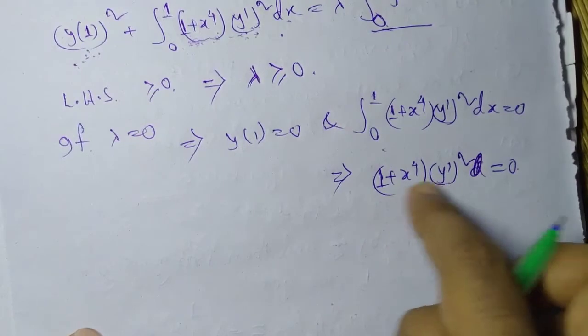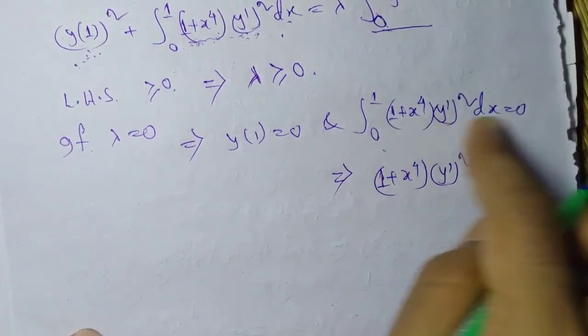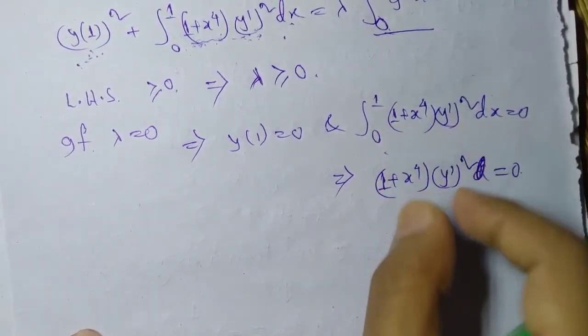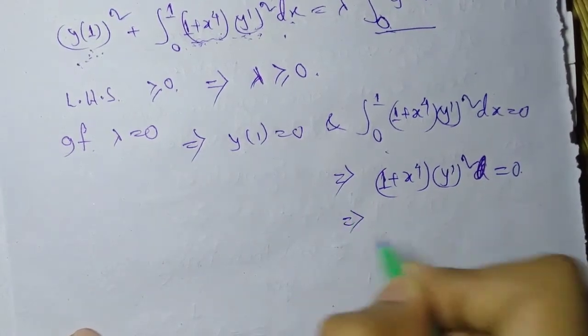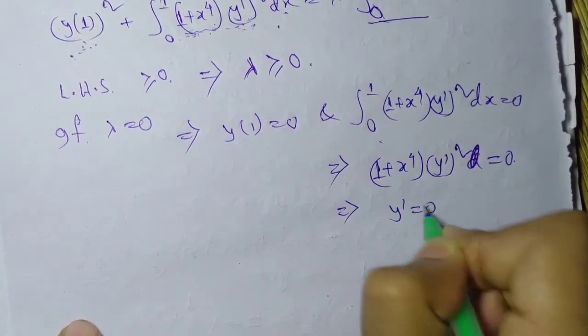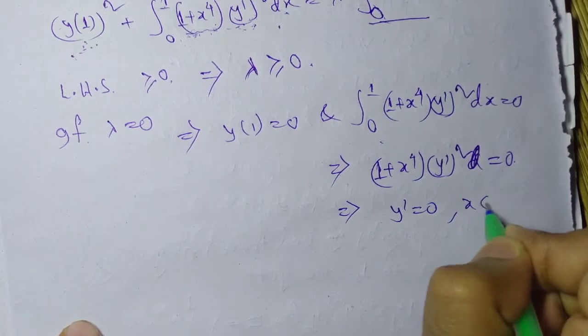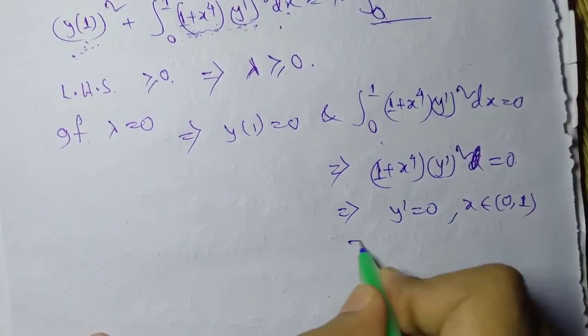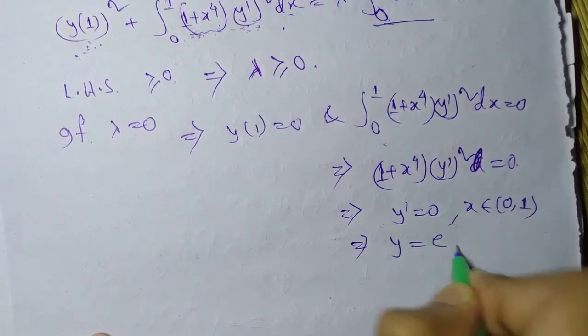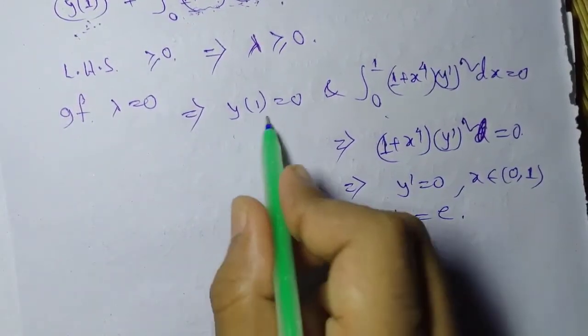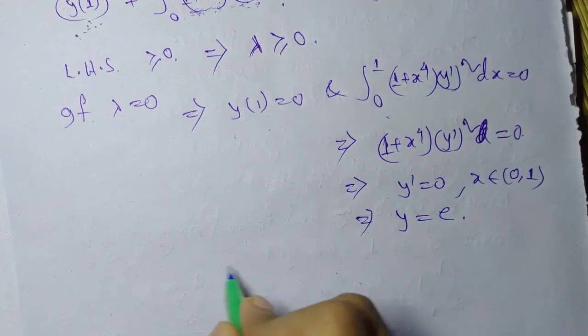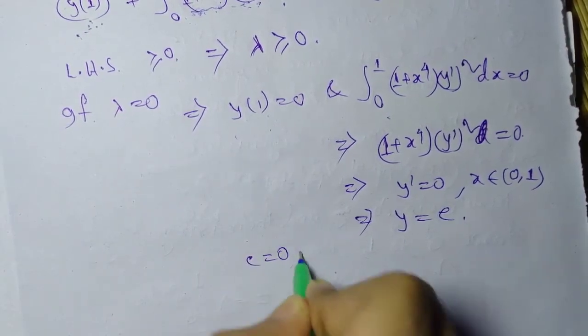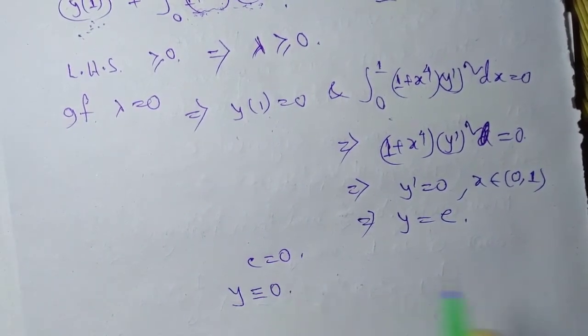Because the integrand is non-negative and the integral value is 0, the integrand equals 0, and this gives y' = 0. Since x belongs to (0, 1), 1 + x^4 is not 0, and this gives y = c. But since y(1) = 0, therefore c also equals 0, hence y is identically 0.